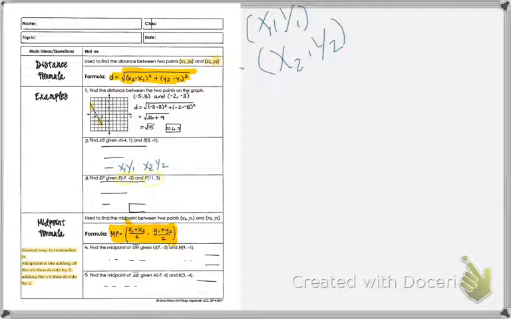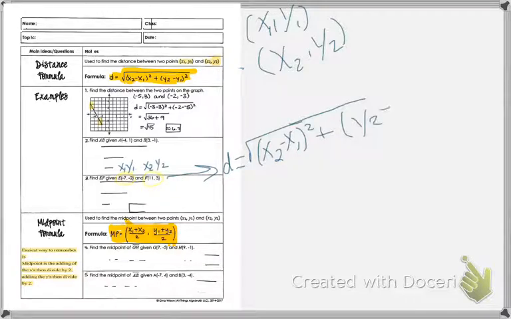And let's move over here where we have extra space to work on. The distance formula is the square root of the differences in the x's squared plus the differences of the y's squared.